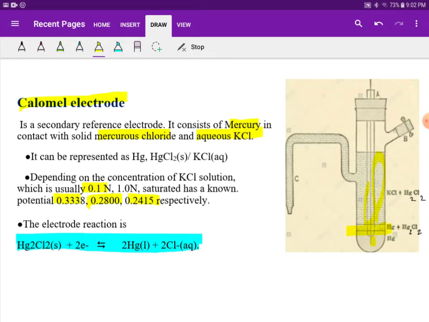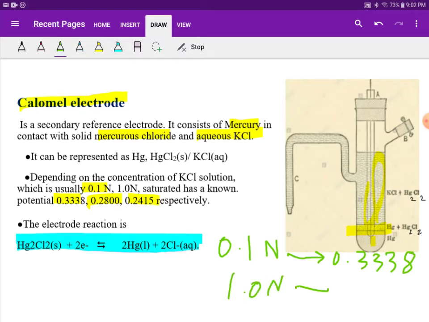Once again, if the concentration of the KCl solution is 0.1 normal, then the single electrode potential is 0.3338 volts. And if its concentration is 1 normal, the single electrode potential value is 0.2800 volts.